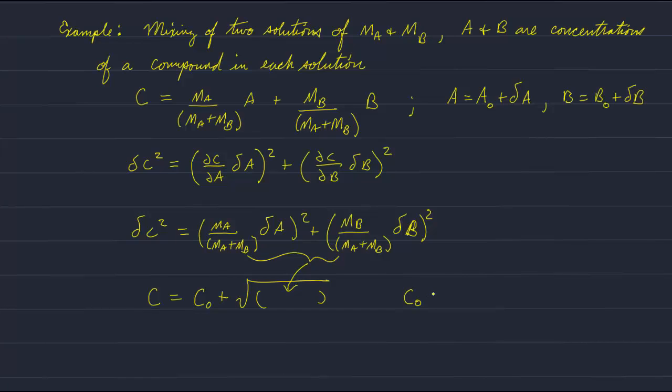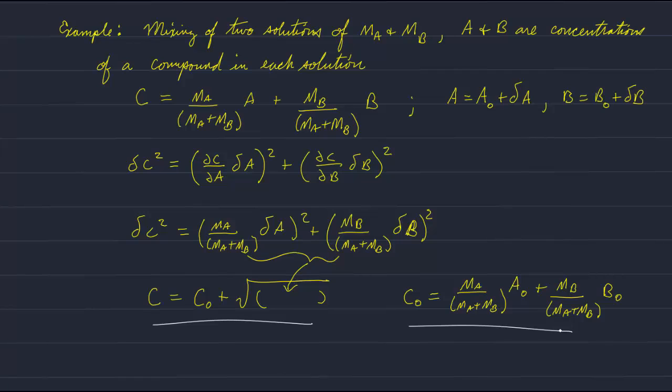And of course C0 is equal to m sub A over m A plus m B times A0, the measured value, plus the mass fraction of solution B times the measured value of B. Okay? All right, let's move on to products.